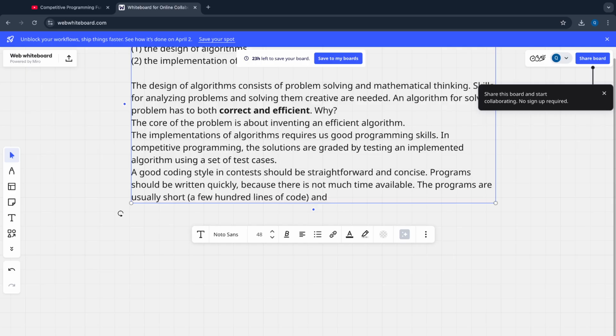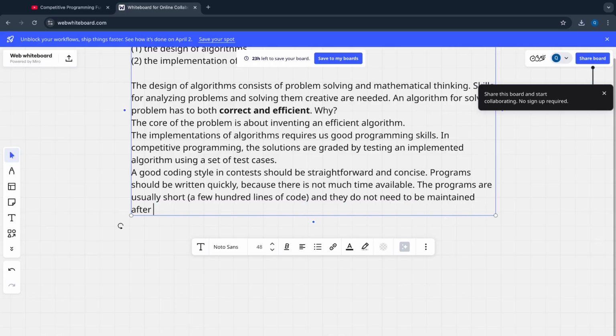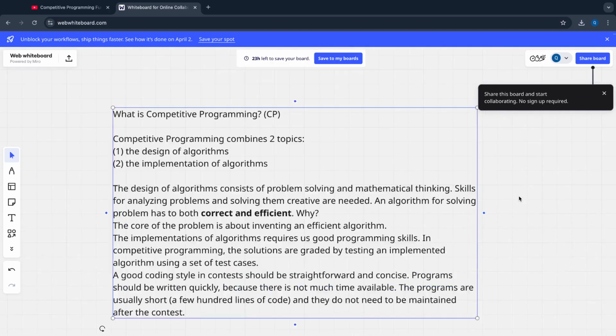And you have to make sure that your programs do not need to be maintained after the contest. Okay, so yeah, this is all you have to know about competitive programming.